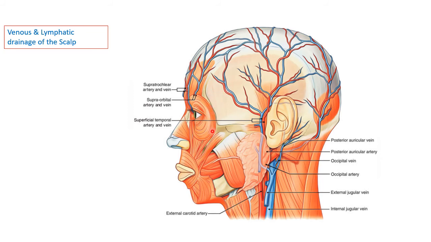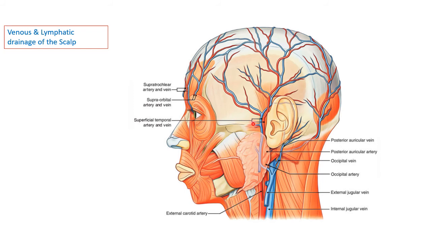As far as the lymphatic drainage is concerned, lymph from the anterior part of the scalp, except the lower half of the forehead, drains into the preauricular or the superficial parotid lymph nodes situated on the surface of the parotid gland.